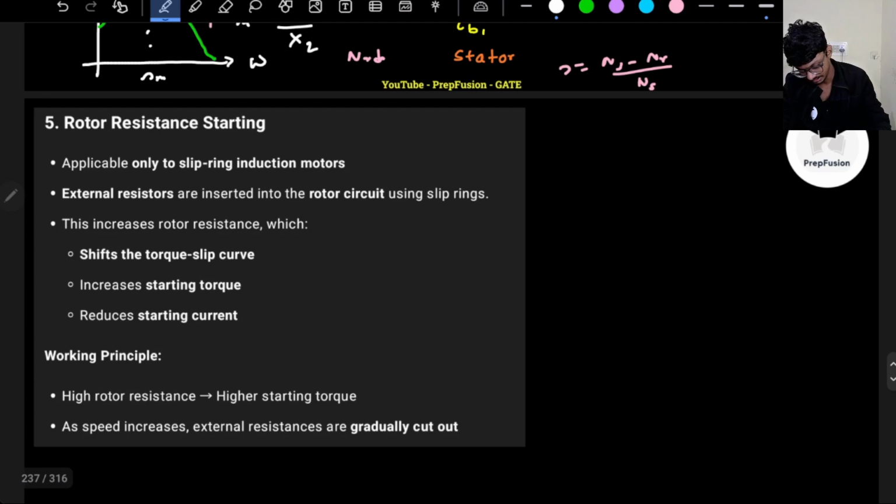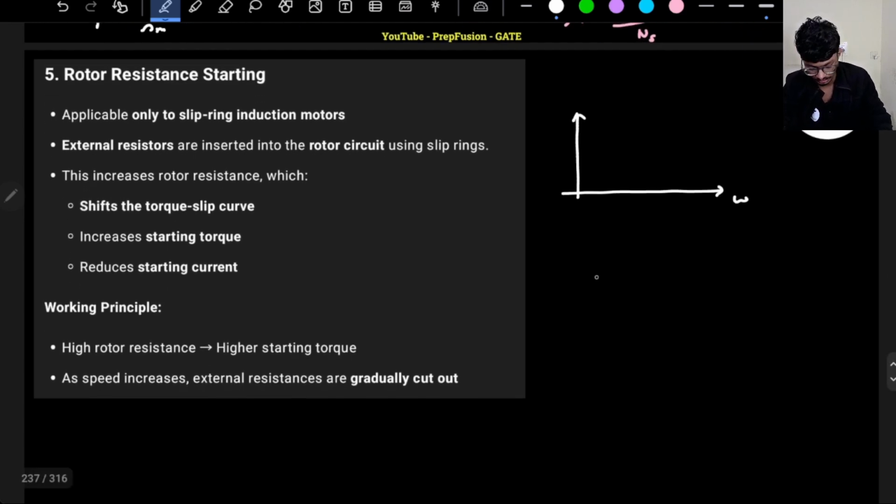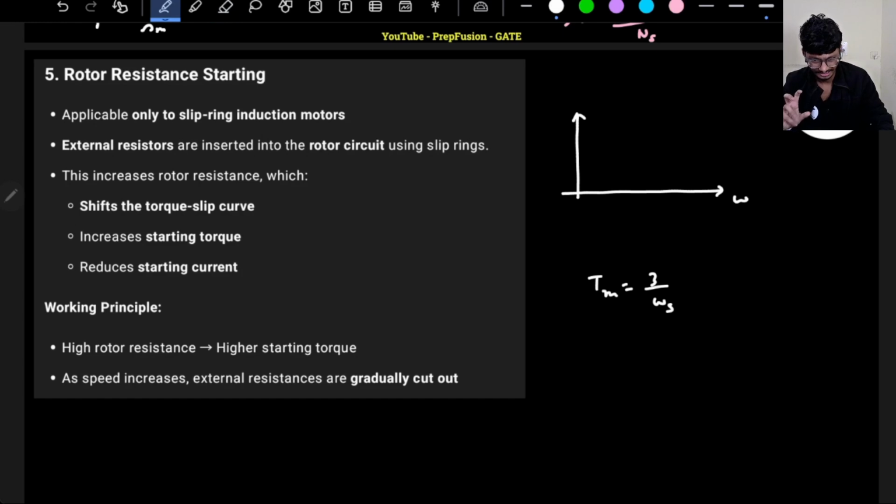So if I plot this here, if you remember, there was an equation for the maximum torque. It is not important, but for this graph I want to say that the maximum torque approximately did not depend on the rotor resistance; it was mainly depending on the rotor reactance, so it is 2 X2 dash.